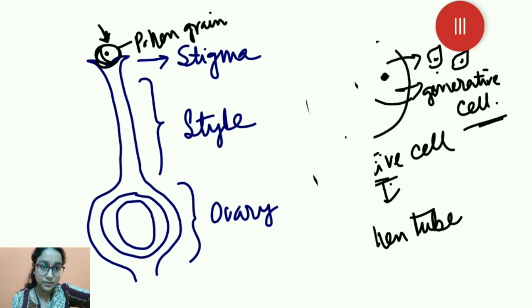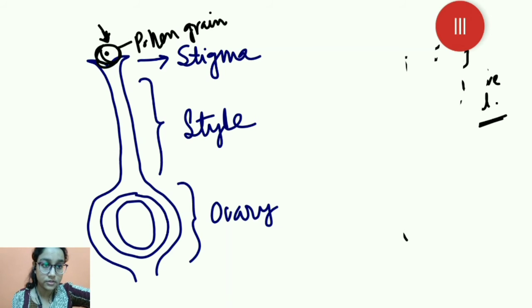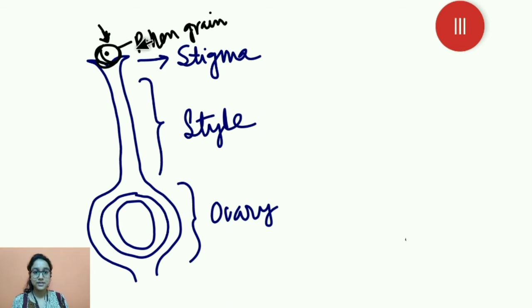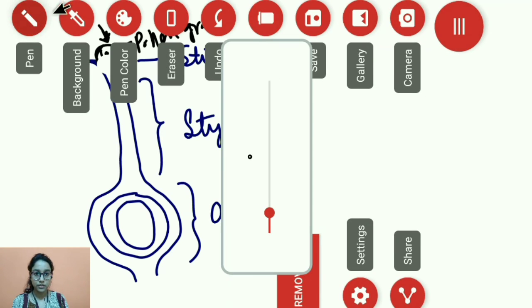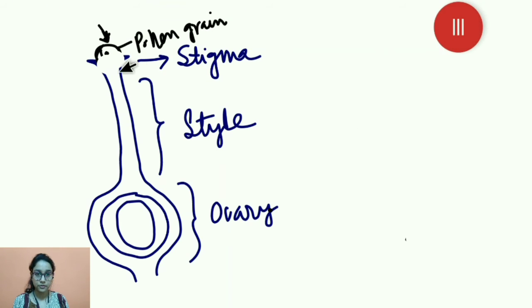Let us clear this portion and continue the process of fertilization. As the pollen tube develops from the pollen grain, it starts moving forward.